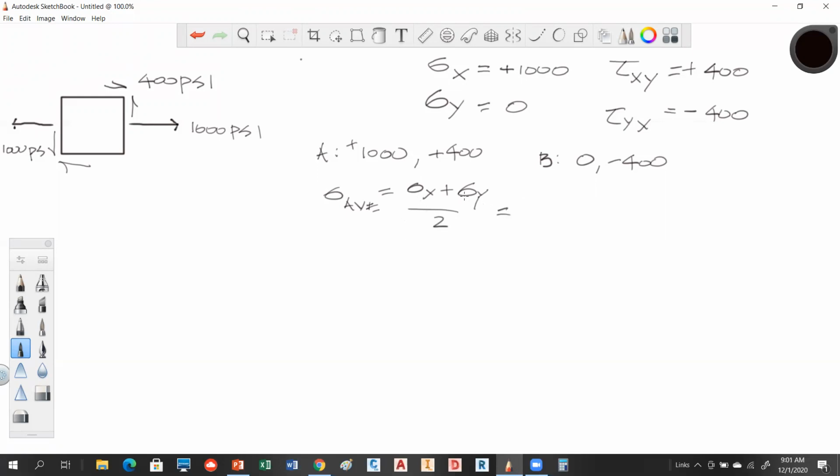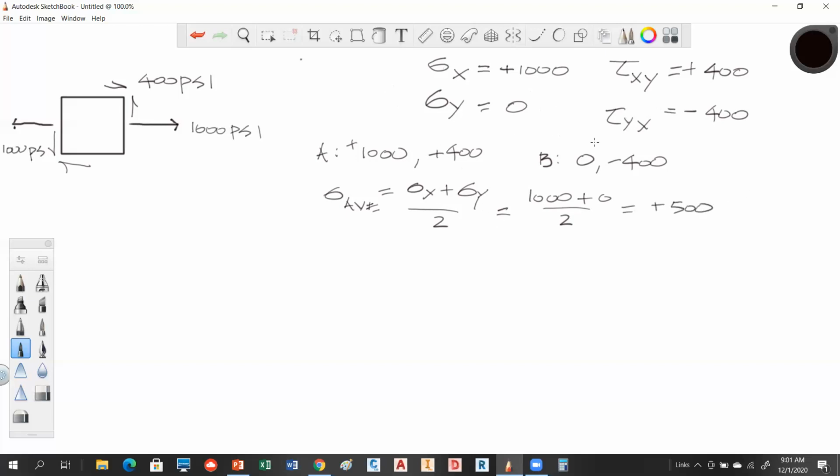When you do these equations, you have to consider the sign. So if one is negative, then you're adding a negative and a positive together. In our case, we just have 1,000 and 0 divided by 2. That gives you a positive 500.